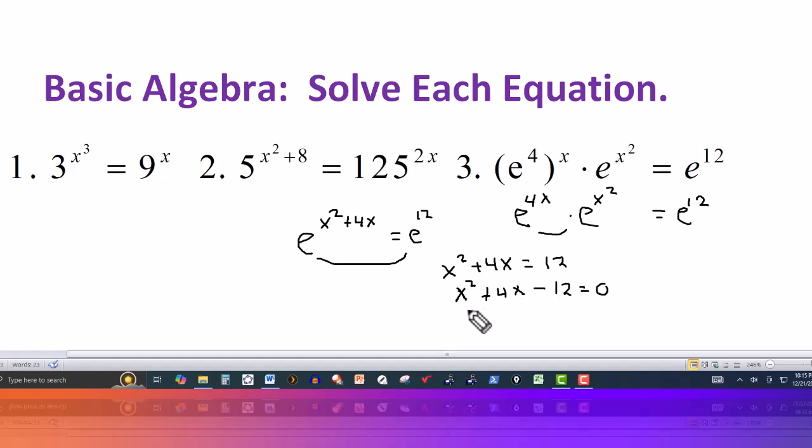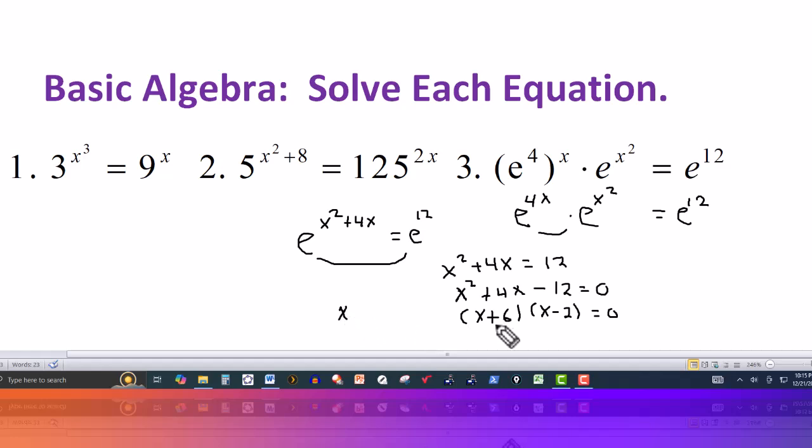And we go ahead and factor this. It factors into x plus 6 and x minus 2. That's equal to 0. And then we set each factor equal to 0 and solve each linear equation there.